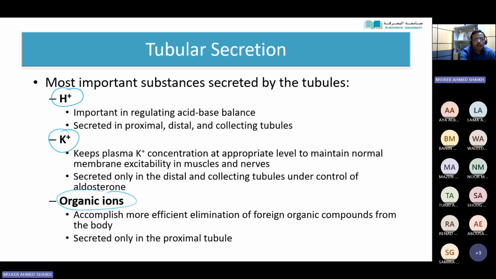Hydrogen ions are required for regulating the acid-base balance, and they are secreted in the proximal convoluted tubule, distal convoluted tubule, and collecting tubule. All three places hydrogen is secreted. Whereas potassium is required for keeping the potassium concentration at an appropriate level. What is the normal potassium level in the plasma or blood?